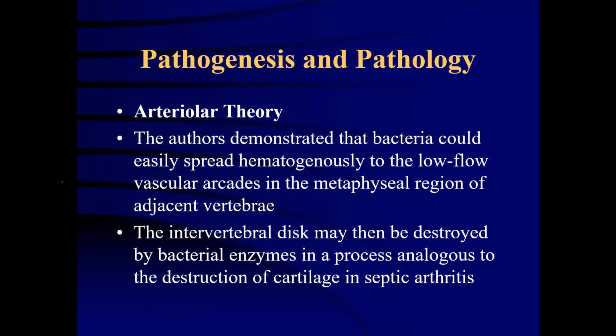The authors demonstrated that bacteria could easily spread hematogenously to the low flow vascular arcades in the metaphyseal region of adjacent vertebrae. The intervertebral discs may then be destroyed by bacterial enzymes in a process analogous to the destruction of cartilage in septic arthritis.